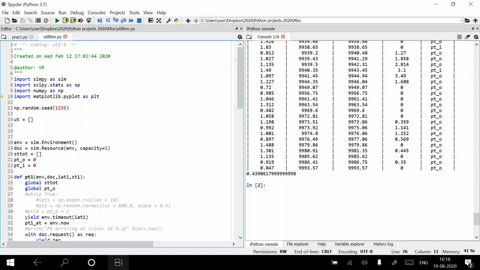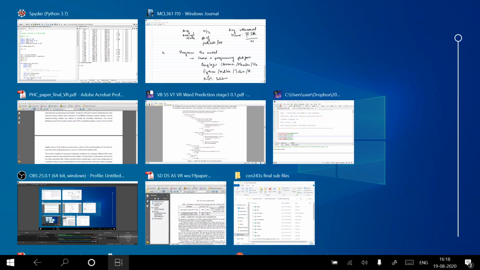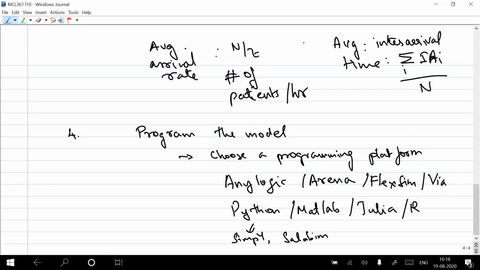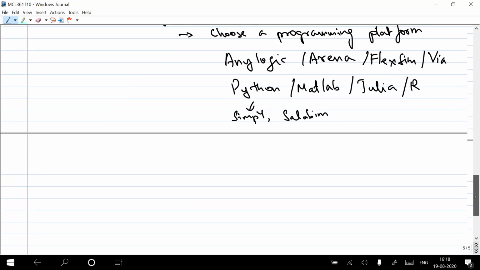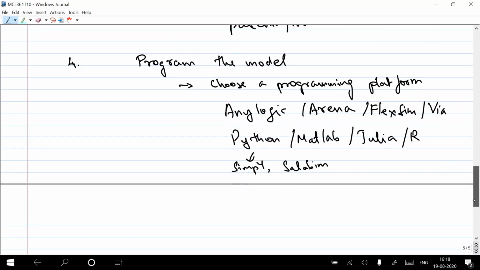So, I said many options. Program the model, then of course, like with any other program, you have to debug it. I'm not going to go into all of that, but yeah, basically program the model. Then what you have to do is validate your model. This is an important step, and this is actually not as straightforward as you would think it is, right?